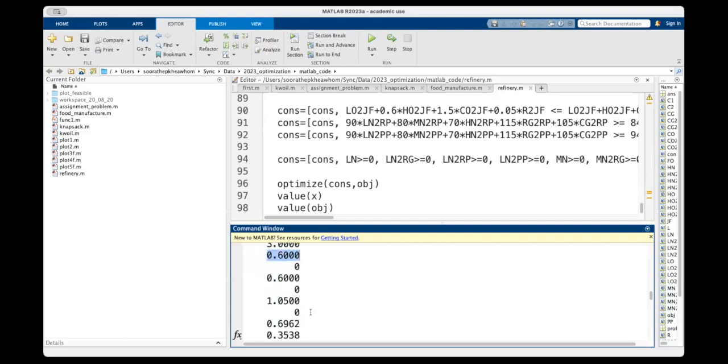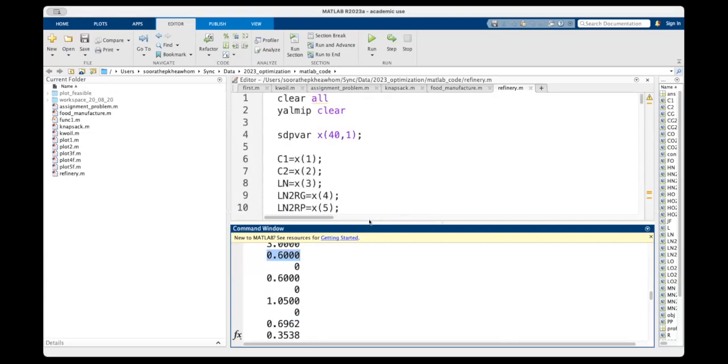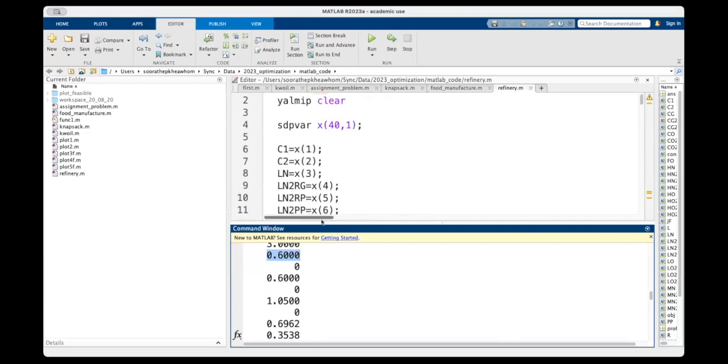Yeah, LN. You have to check the code, right? Yeah, LN. And the next one is LN2RG. Nothing is sent to reformed gasoline. Yes. You have to multiply everything with this value.